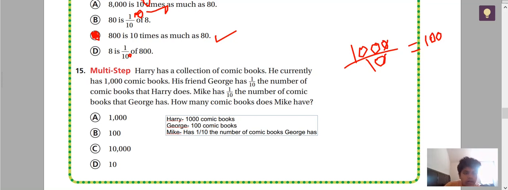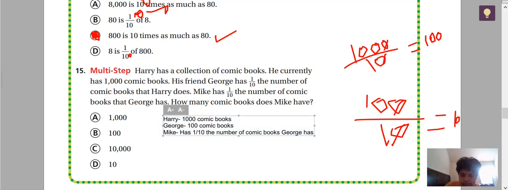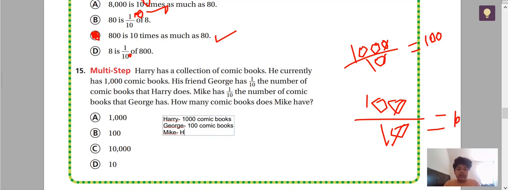So, Mike has 1/10 of what George has, so 100 divided by 10. That equals 10. So Harry has 1,000, George has 100, and Mike has 10 comic books.